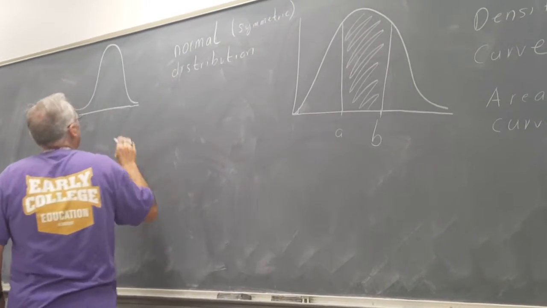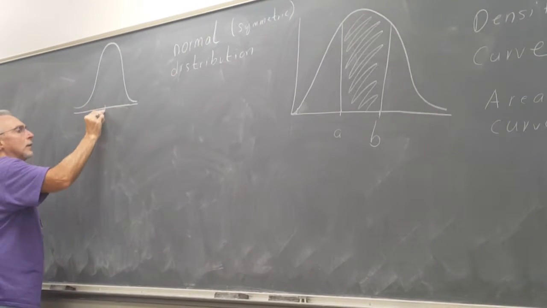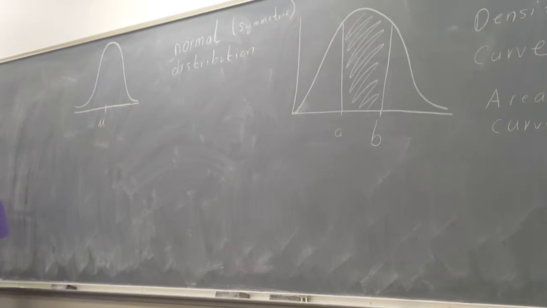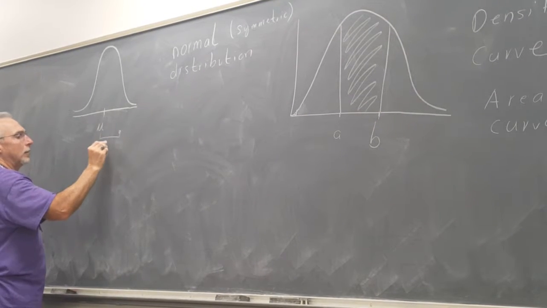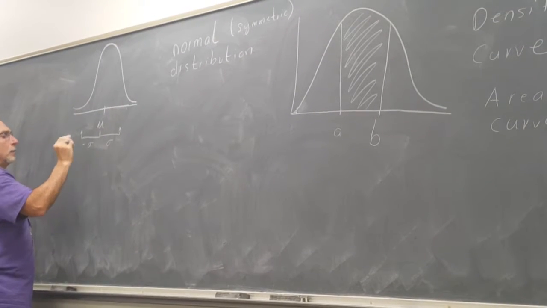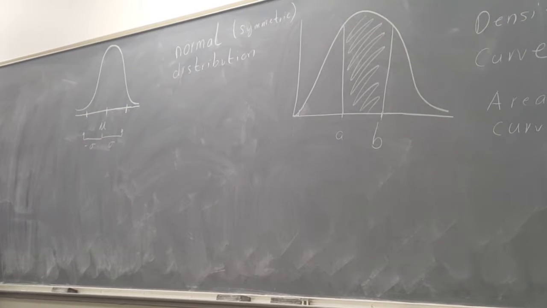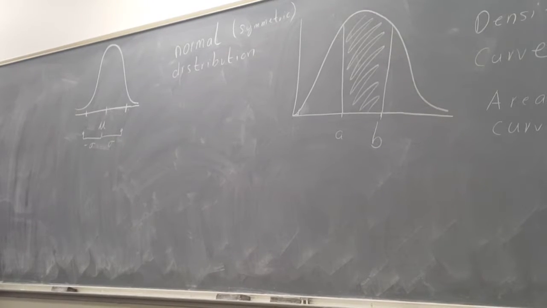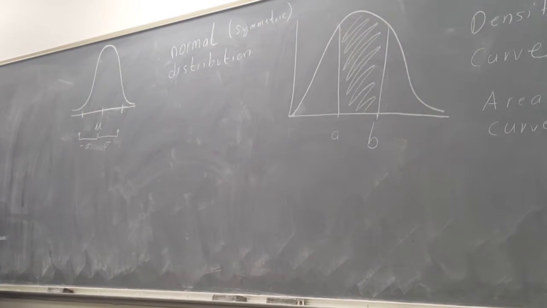Now, on a normal or symmetric curve, right in the middle, remember, is our mean. And you can go left and right, and that's your standard deviation, your measure of dispersion. So I can go to the right, sigma. I can go to the left, sigma. Do you remember how much of your data is between one standard deviation left and right? 68%, remember that?